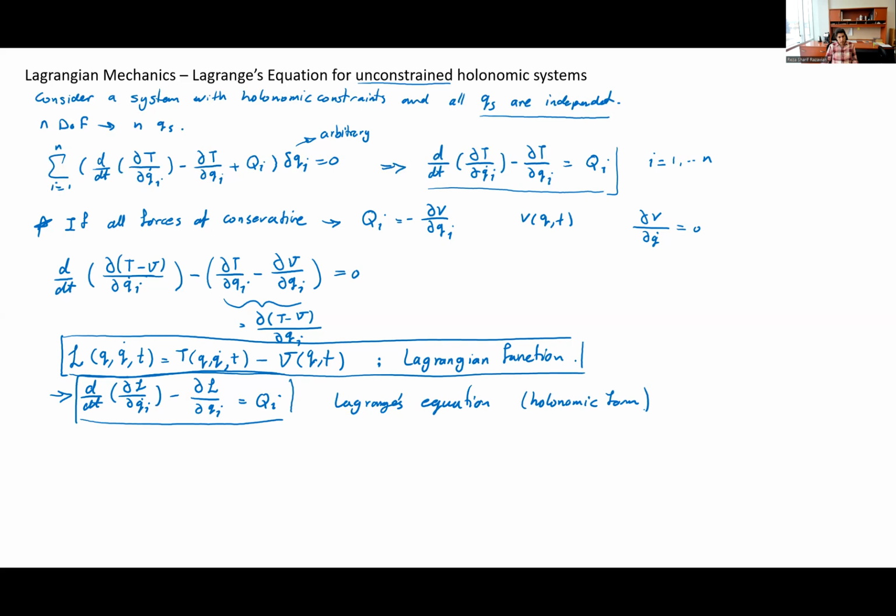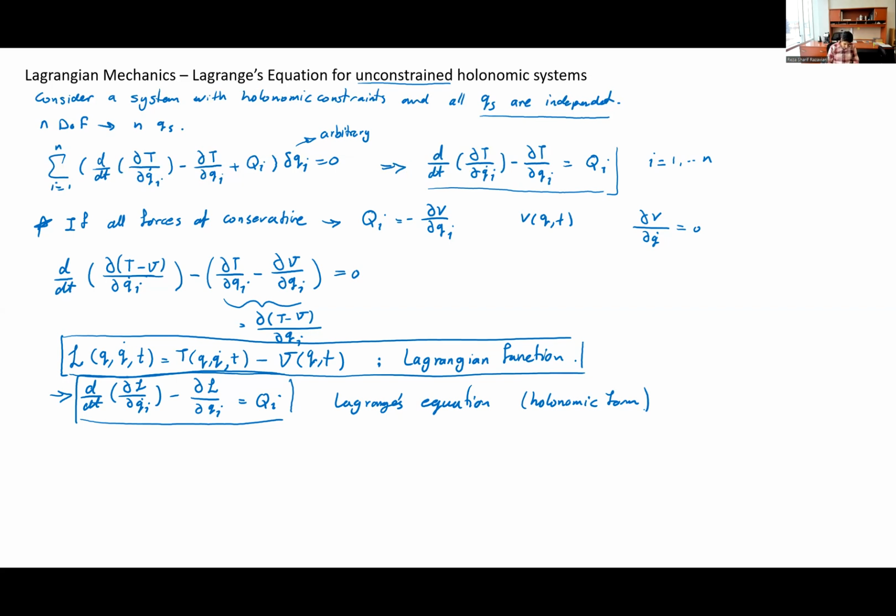So to use it, I can find the potential energy and kinetic energy of the system as a function of my generalized coordinates, and then write this equation. This is practically the equations of motion for the system. So this exactly gives you the equation of motion. And we'll see later in examples how we can use this very easily to construct the equations of motion for a system.